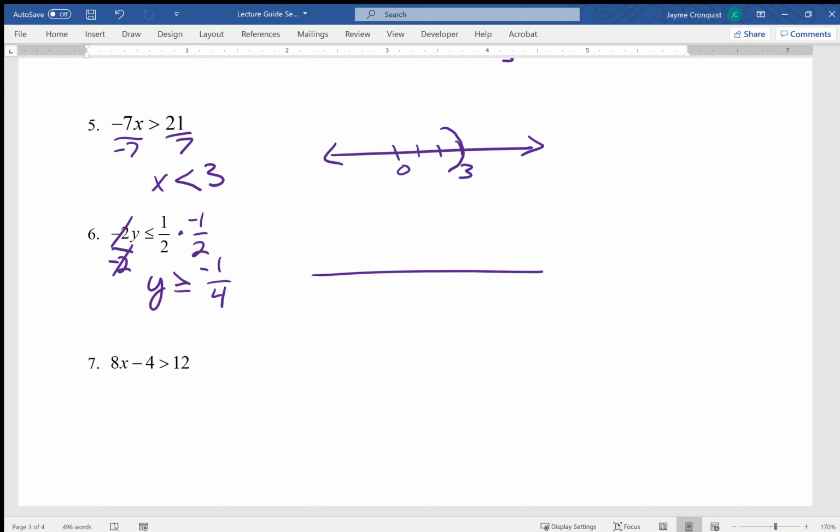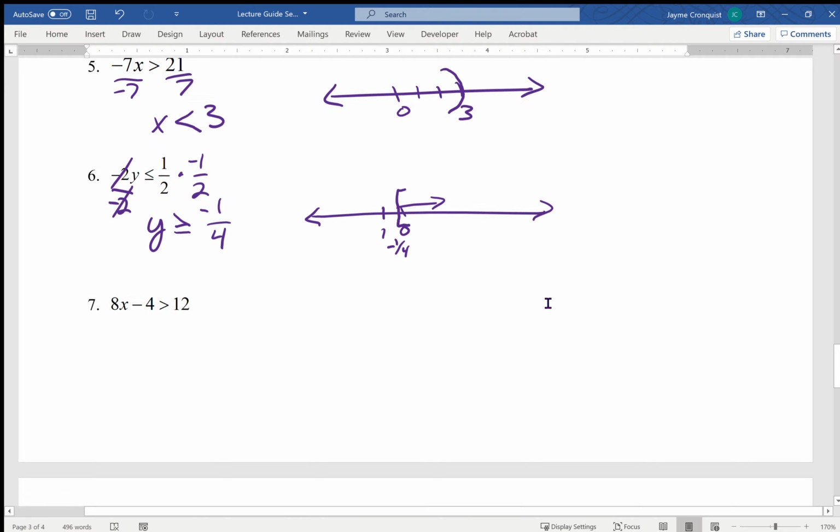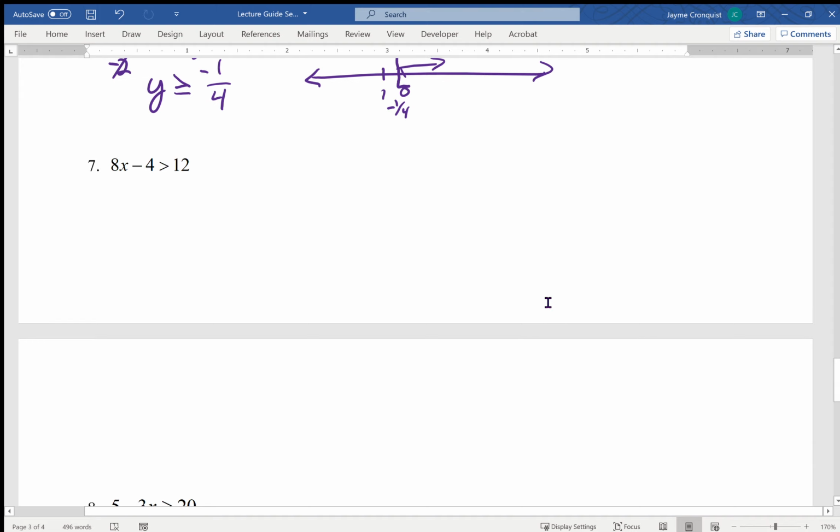So 0, 1. Negative 1/4 is pretty close. And y is greater than or equal to, so I go like that. And you can label the spot it's crossing if you wish. There we go.